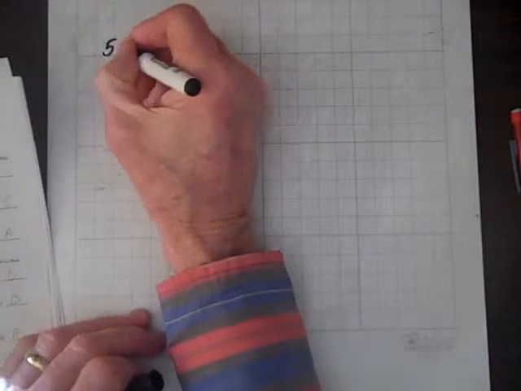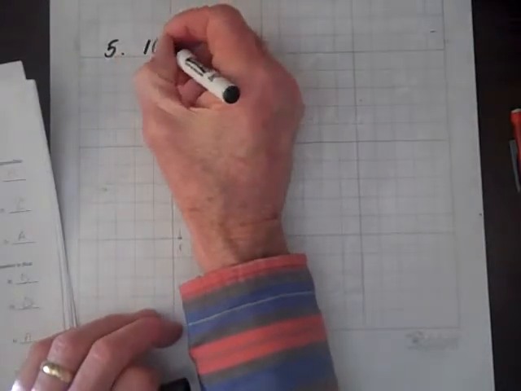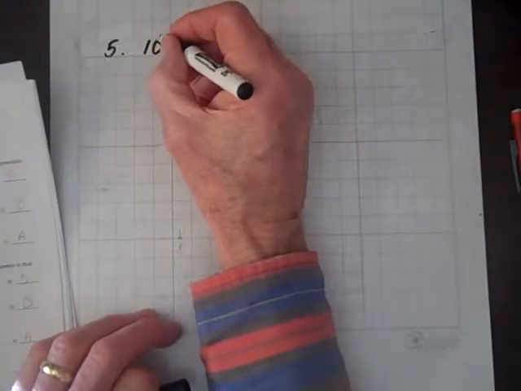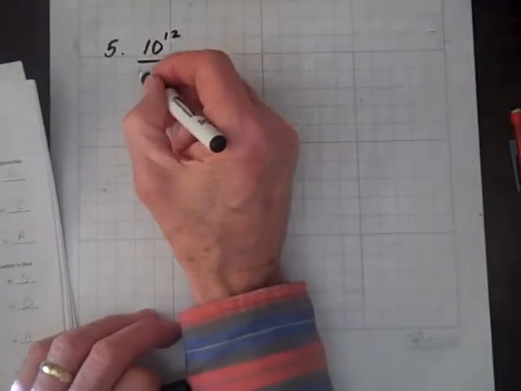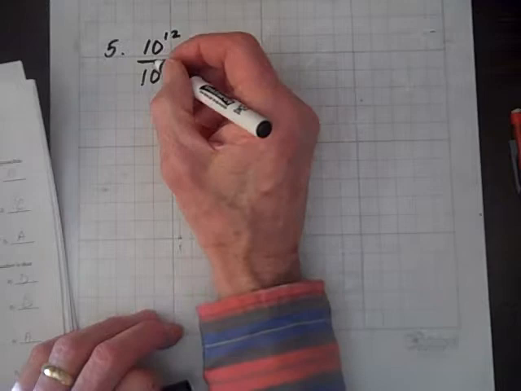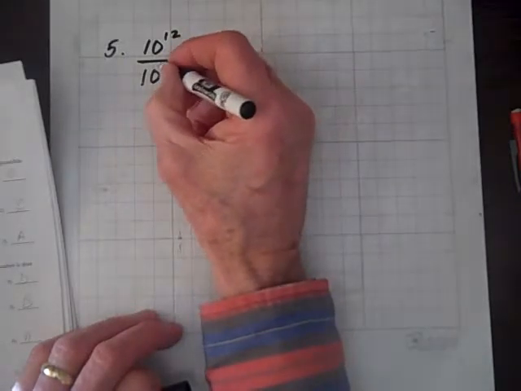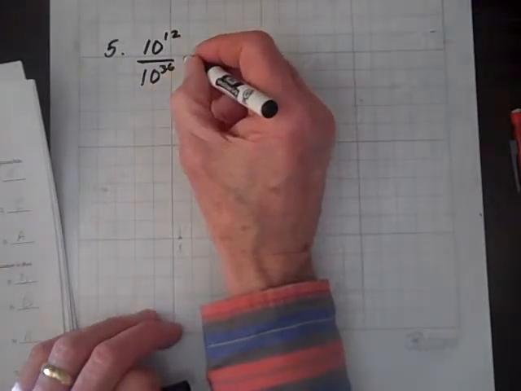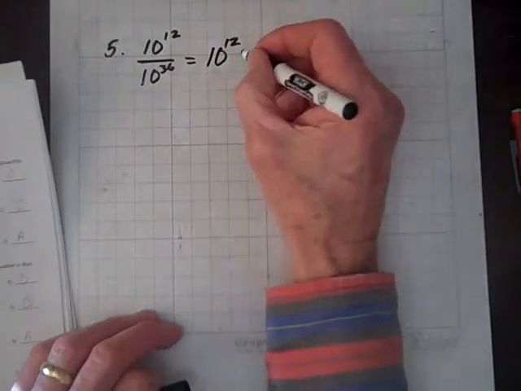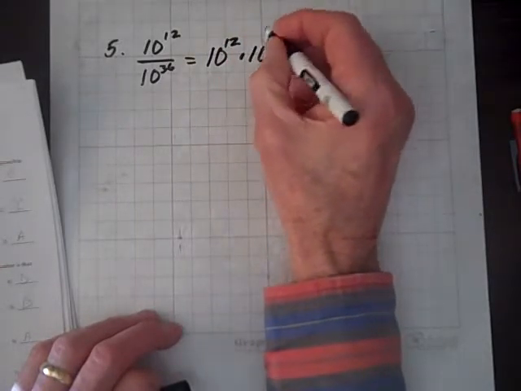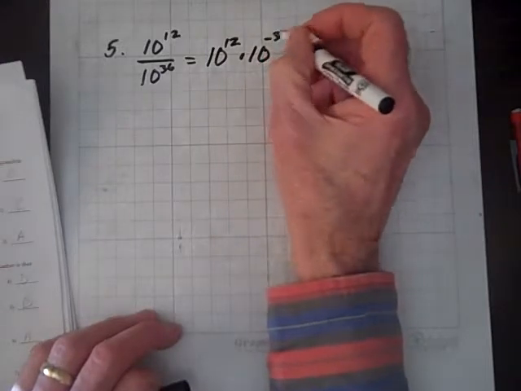And 5, same situation. Now our numbers are, so this is 5, 10 to the 12th, and we're going to divide by 10 to the 36th, and so that equals 10 to the 12th times 10 to the negative 36.